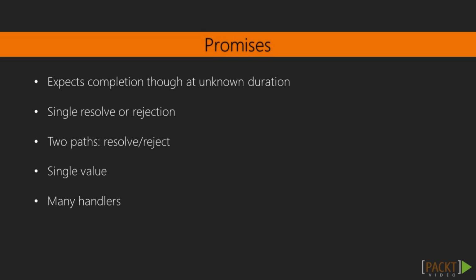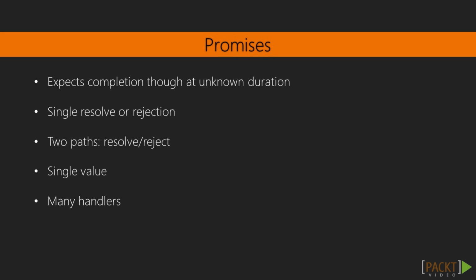Now, how about promises? Well, we spoke at length about all those things, so I'll go quite fast here. First, promises are great to represent a flow which we expect to start and then complete. It might be after an unknown duration, since it is asynchronous, but we are expecting completion. A promise can only either resolve or reject, and that will only happen once.